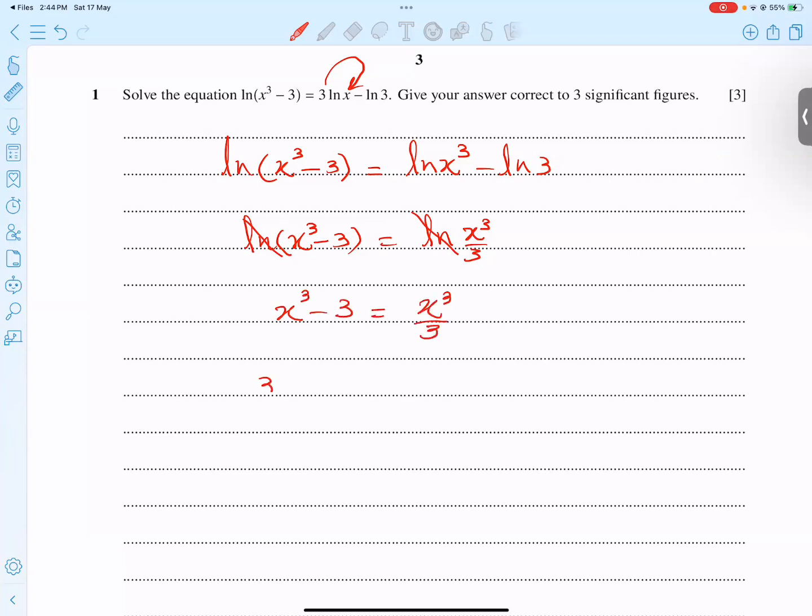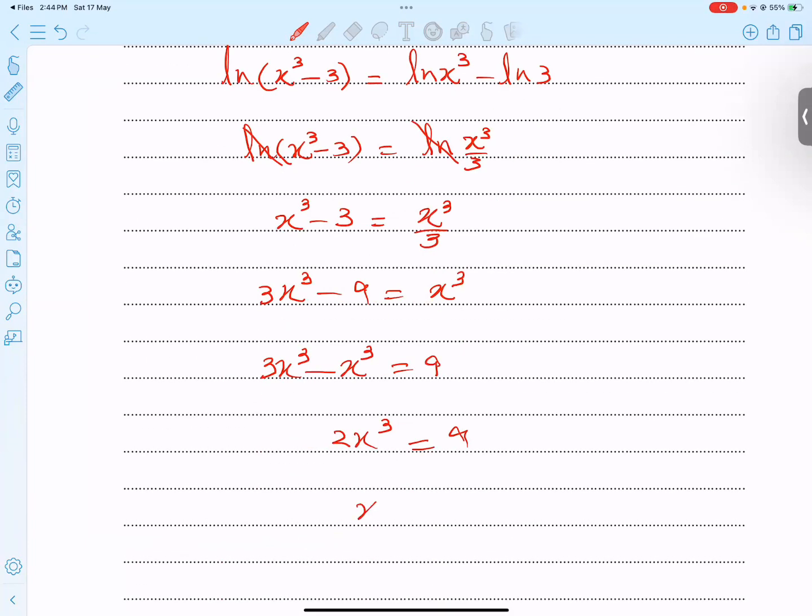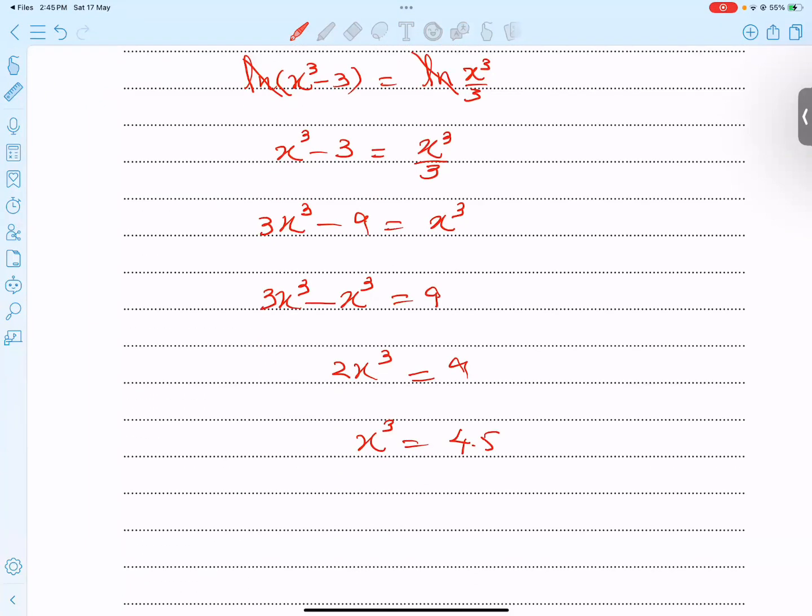So 3 multiplied on the left-hand side, we get this. 3 3s are 9, 9 comes to the right side. This goes to the other side. And I got 2x to the power 3 is equal to 9. And afterwards, 2 goes down. I got 9 over 2, that is 4.5, and take the cube root of that.